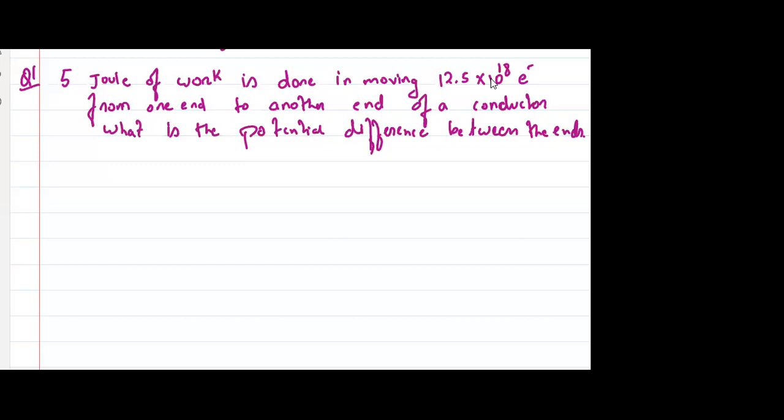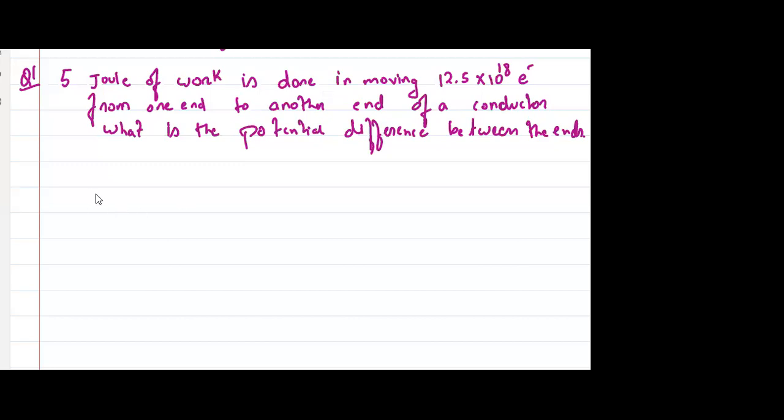Try to solve this. Yes, the answer is 2.5. Very good, Vastav.